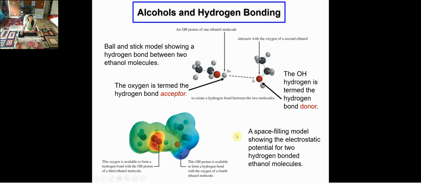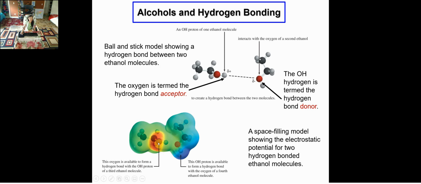Also, I have a space filling model to show you the hydrogen bond formation. This second model, the so-called space filling model, gives you ideas about the electrostatic potential for the hydrogen bond formation. If you see more blue color, usually it represents a little more partially positive.